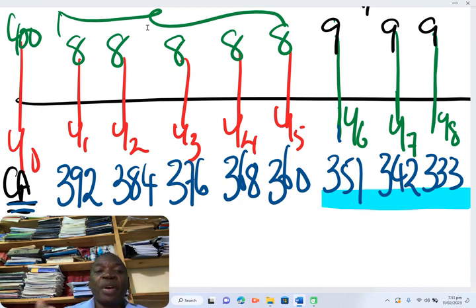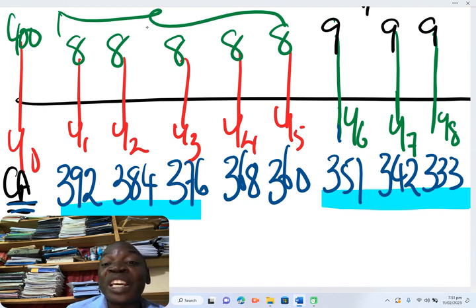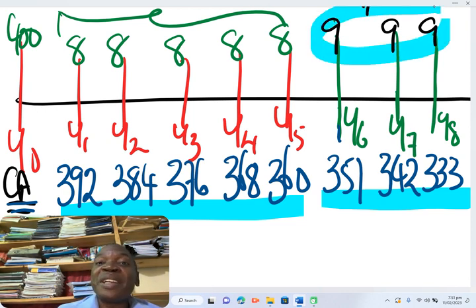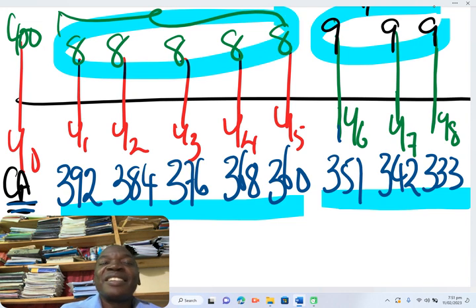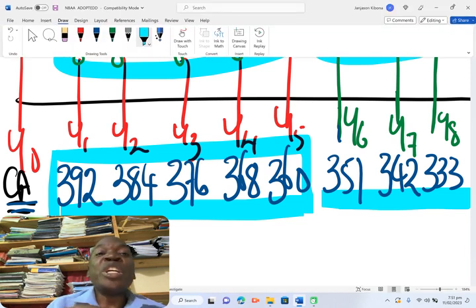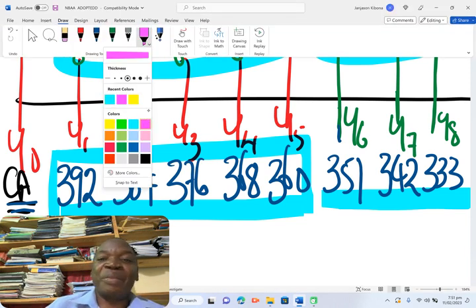Umeelewa mpaka hapo? Hizi ndizo ninazotaka uzielezee. Narudia, hizi zinaenda kwenye performance. Hizi za chini zinaenda wapi? Kwenye balance sheet. The amendment is made prospectively from the date of revision. Haurudi nyuma, unaenda mbele.